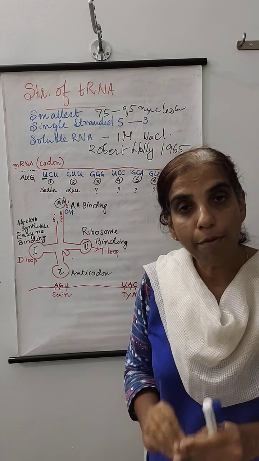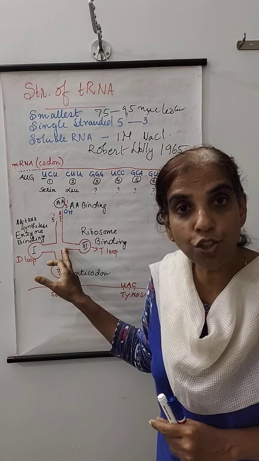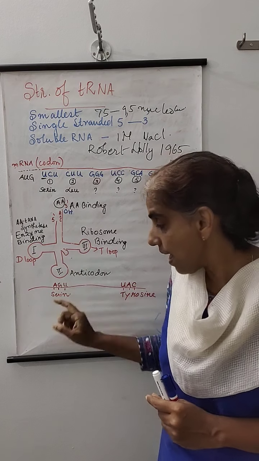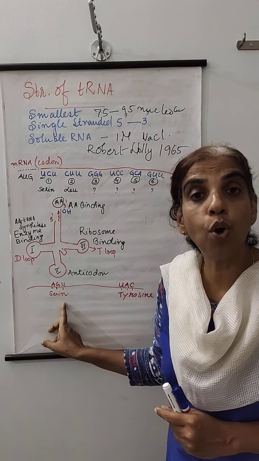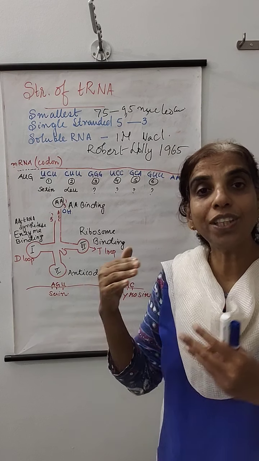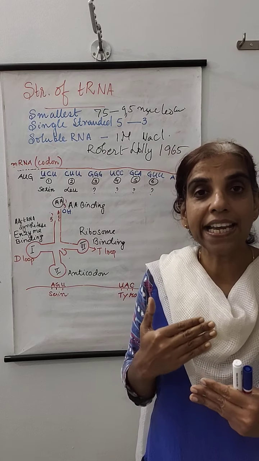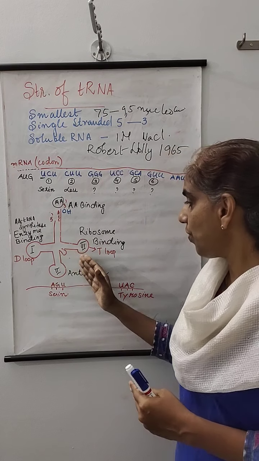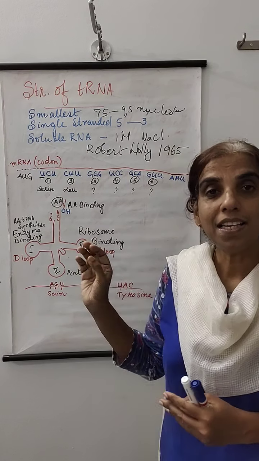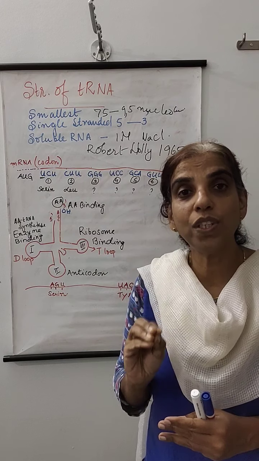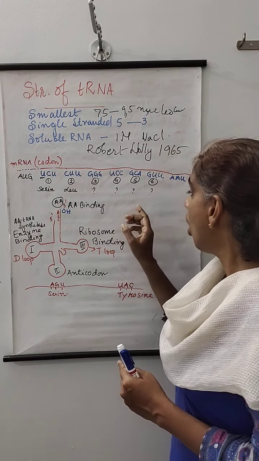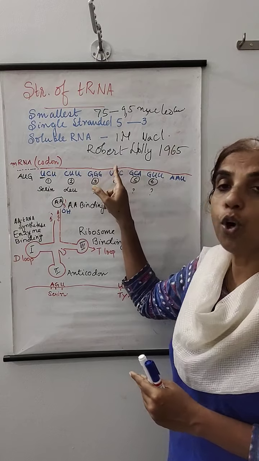So amino acids are always attached to the transfer RNA as per the codon sequence. Here the transfer RNA is acting as an adapter molecule. So we get all the structural features represented by the cloverleaf model.